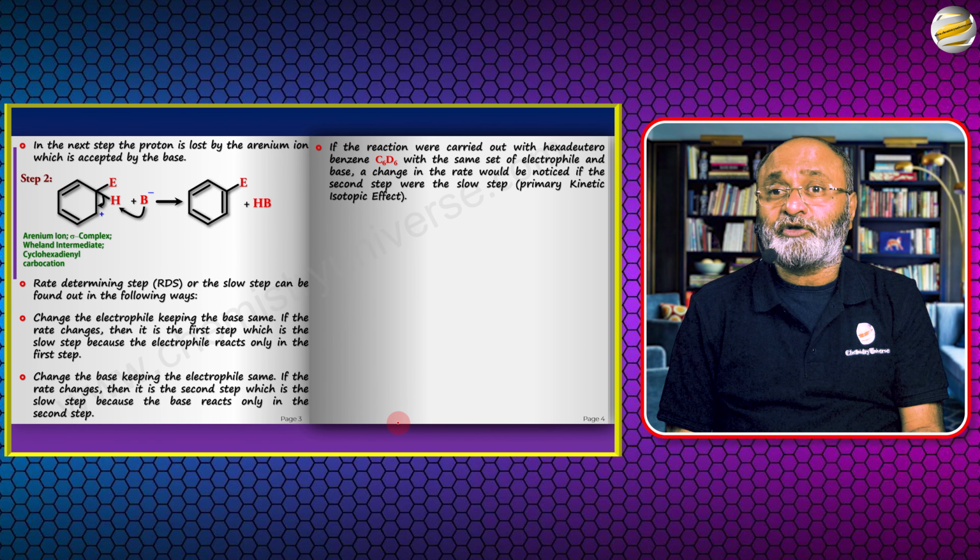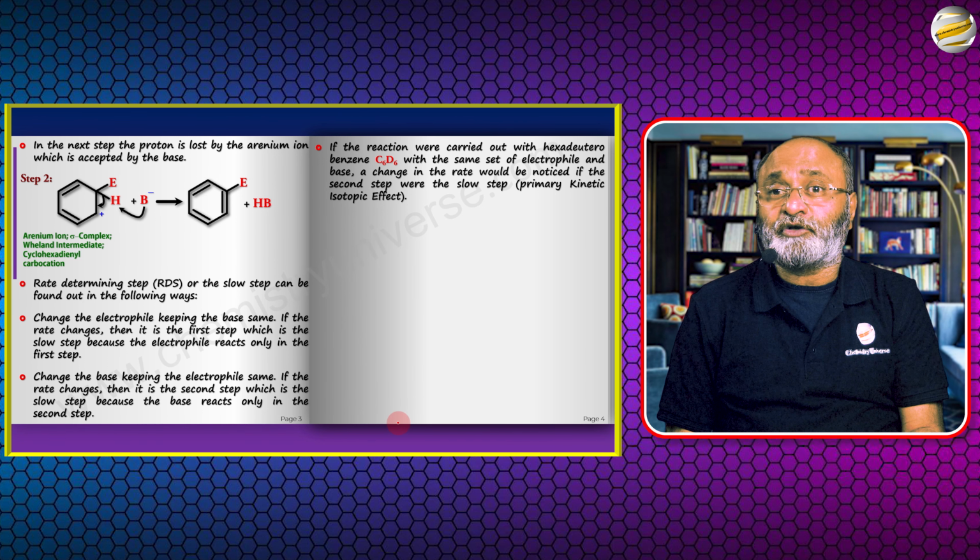So if I put an electron releasing group on benzene and I find a change in the rate, now which step is it affecting? It is affecting the first step, because it is the first step that this particular electron releasing group on benzene is making benzene electron rich enough to be able to attract the electrophile.